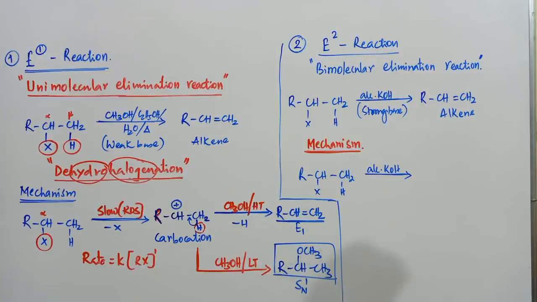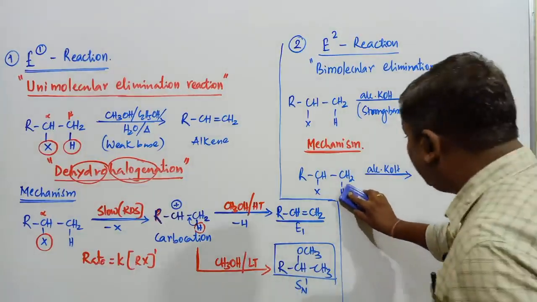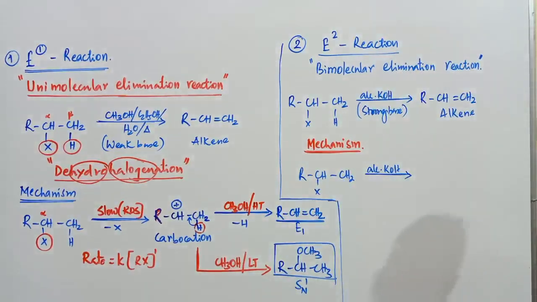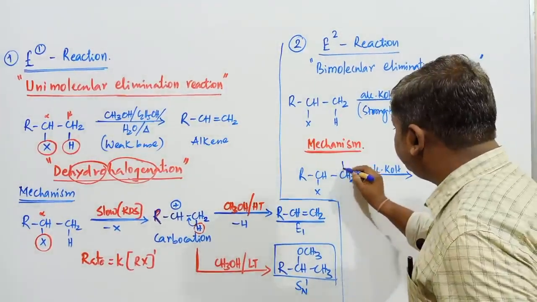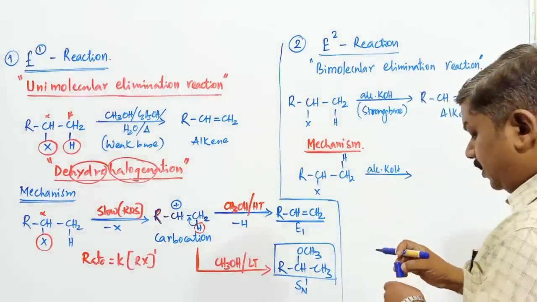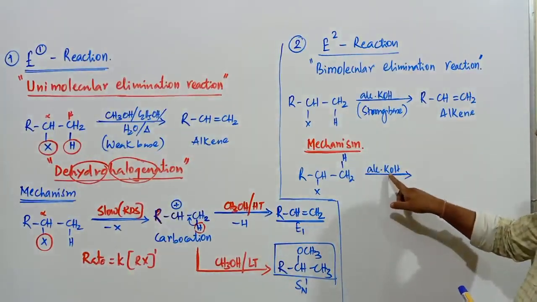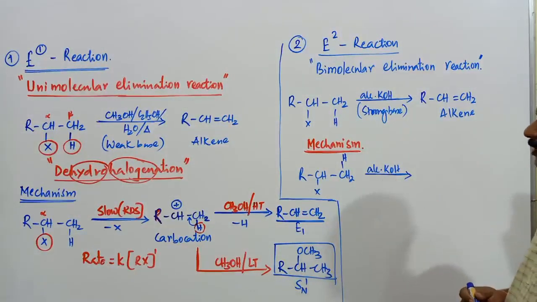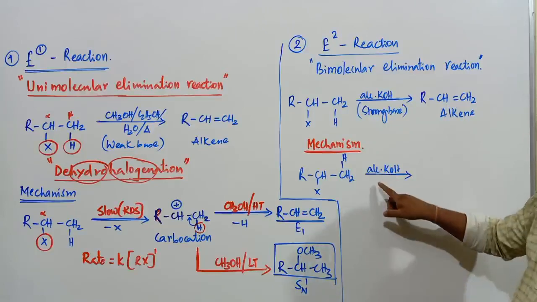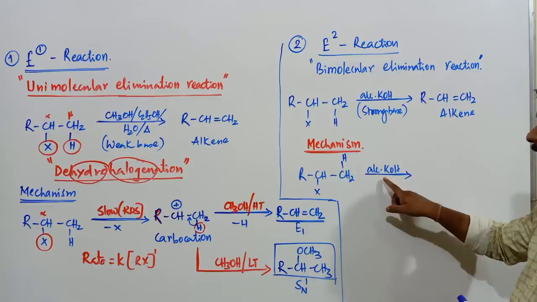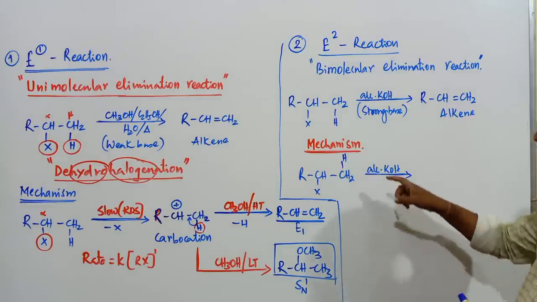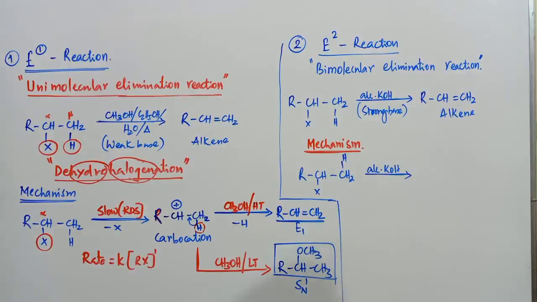How does the transition state formation take place? So here, in this molecule, I'll mention hydrogen here. This is hydrogen. Now first what happens? Alcoholic KOH means this is a strong base. What is the nature of this strong base? A strong base is the one which can abstract, which can attract the particular hydrogen atom very quickly.